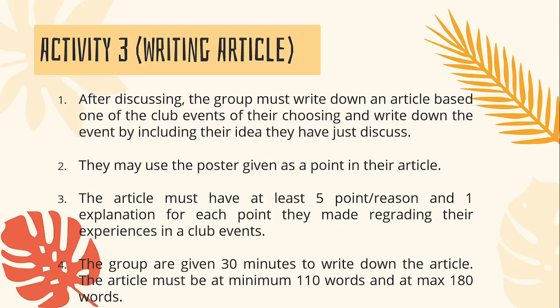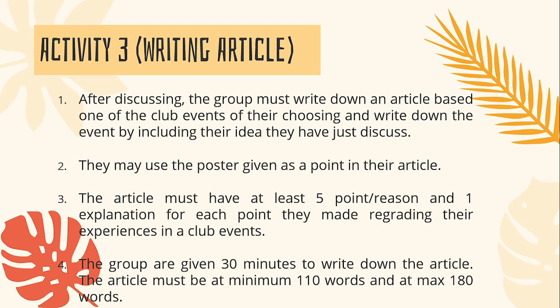So after discussing what main points and ideas they want to include in the article, the students then must write down an article, of course, based on one of the club events of their choosing, and they must write down the event, their experiences, or their view on the event itself, based on the ideas they have.